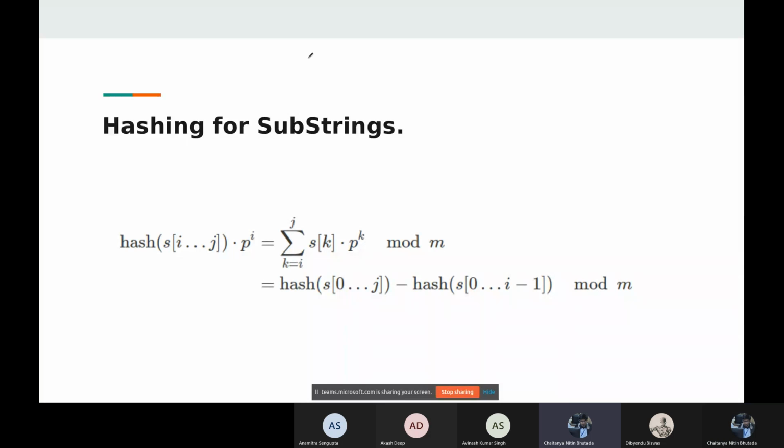Now suppose I am given a problem: the string s1 is a b x y z, and s2 is b x y. I have to check if s2 is present in s1. Can anyone suggest a naive algorithm of how we go about it?